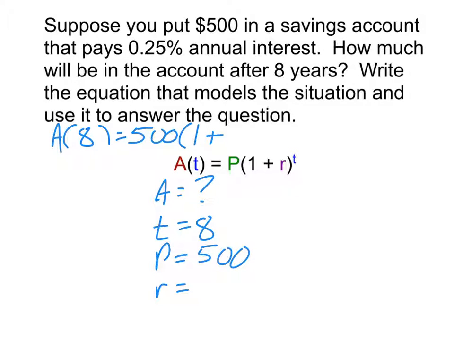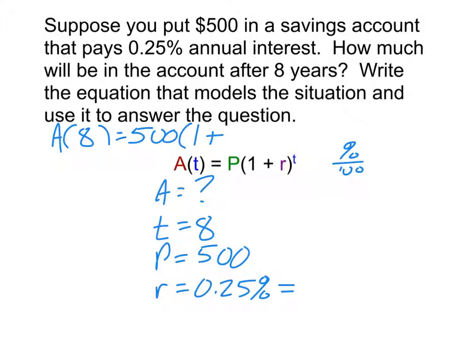Well, if anything's going to throw you off, it's probably this part right here, because R is 0.25%. But anytime we calculate with a percent, we don't leave it as a percent. We have to turn that percent into a decimal. Do you remember how to do that? Remember, I take the percent and divide it by 100, or some of you remember it as moving the decimal over 2 places.